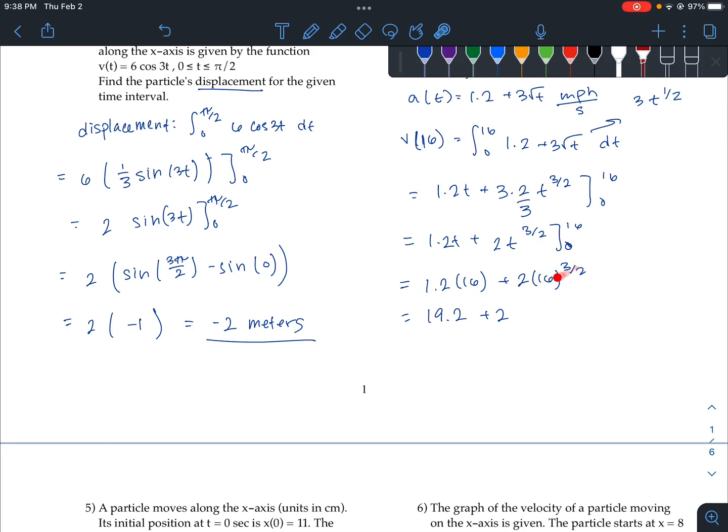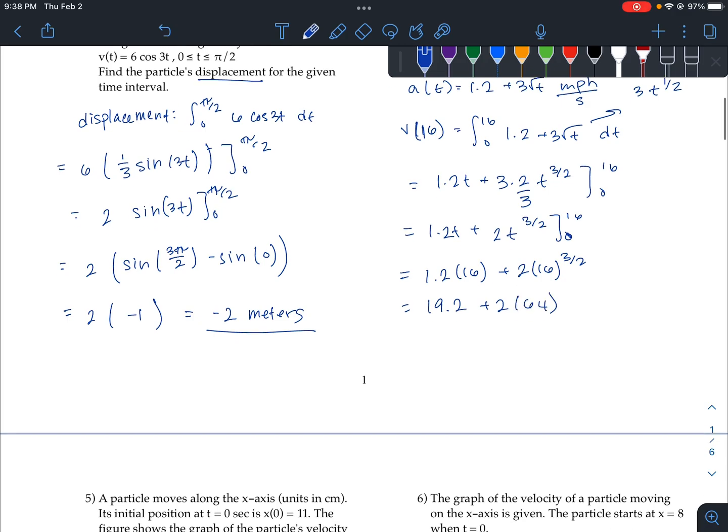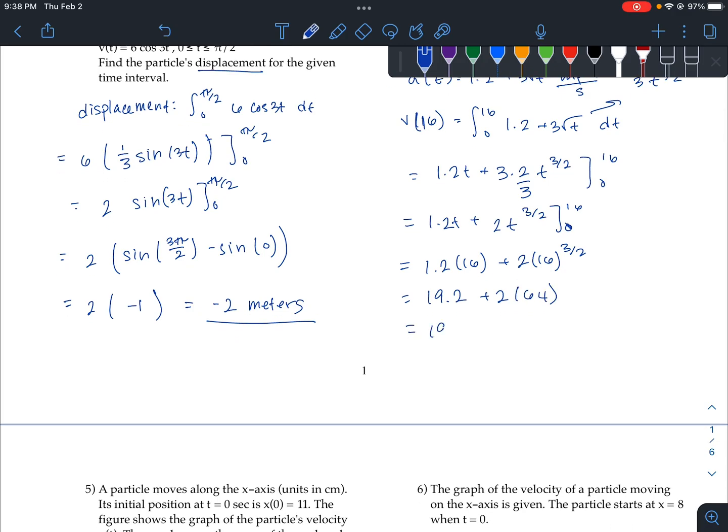So 4 to the third, that's going to be equal to 64. And 2 times that is 128, so that's going to be equal to 19.2 plus 128. So you add those together, you get 147.2 miles per hour.